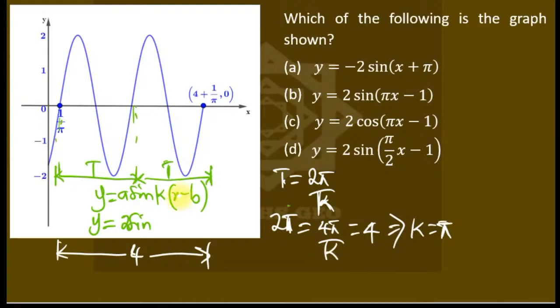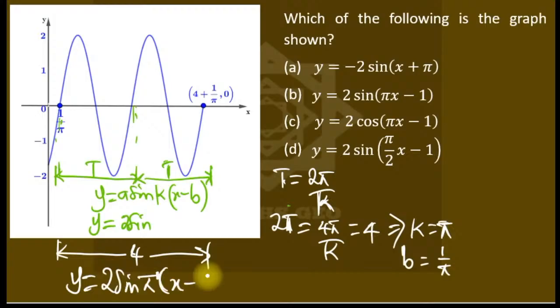Now our shift: remember we shifted to the right. The original function would start from the origin, but we moved 1 over pi. So b is 1 over pi. Therefore the graph is y equal to 2 sine bracket pi times x minus 1 over pi.